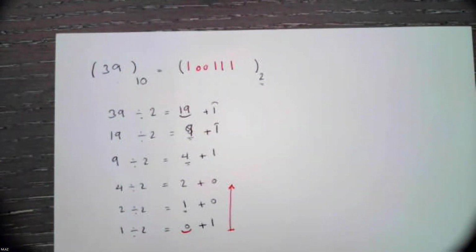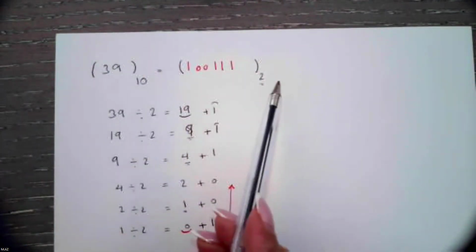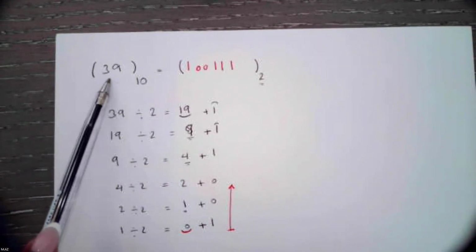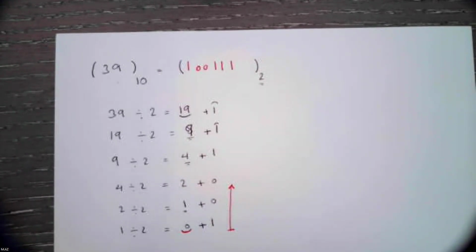This is about converting decimal to binary. And again, once the quotient of the division reaches 0, it means we have to stop the algorithm, and we have completely converted this decimal to binary format.